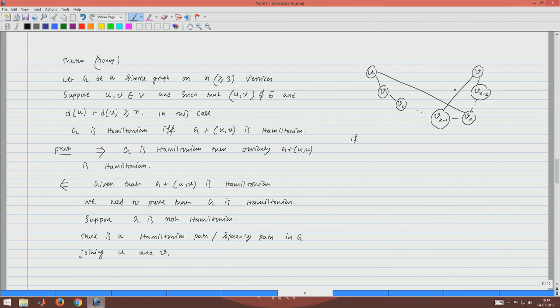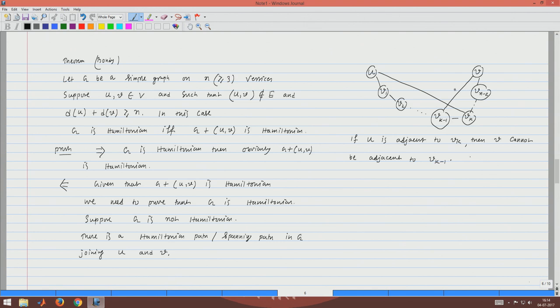If u is adjacent to vk, then v cannot be adjacent to vk minus 1.